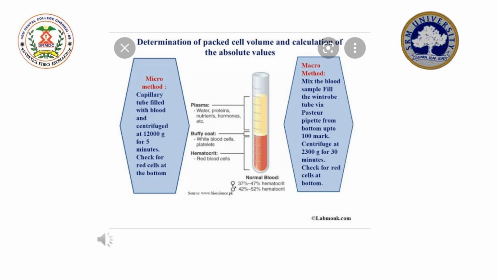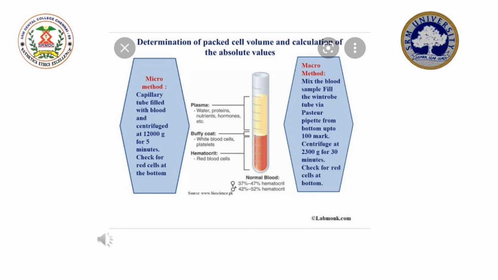The normal range for packed cell volume on an average is around 45%, and it is very useful in calculating the red cell indices like mean corpuscular volume, mean corpuscular hemoglobin concentration, and mean corpuscular hemoglobin content.